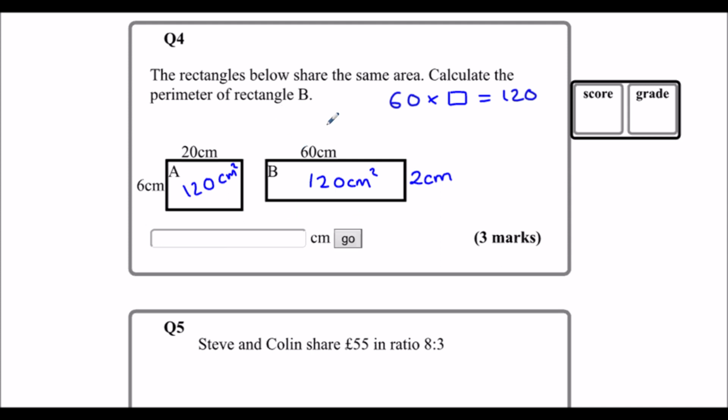So we're working out the perimeter. So that's all the lengths around the edge added up. And the two opposite ones are always equal in a rectangle. So we've got 60 and 60 plus 2 plus 2. So 60 plus 60 is 120 plus 2, 122 plus another 2, 124 centimeters.